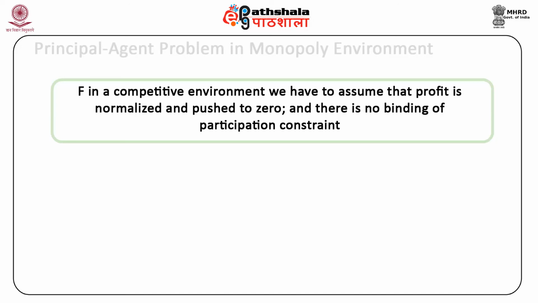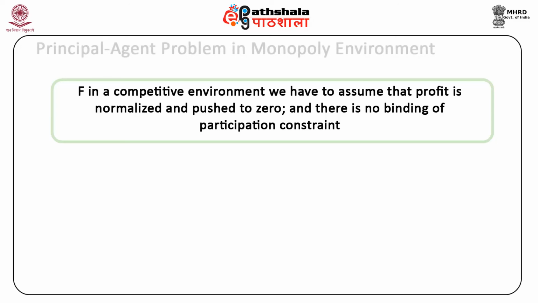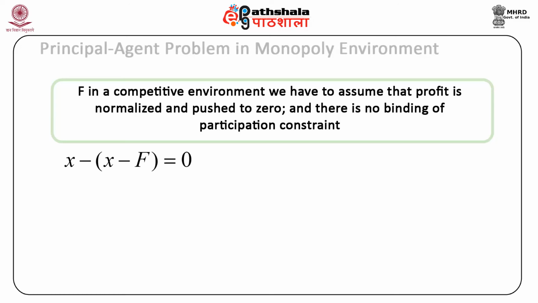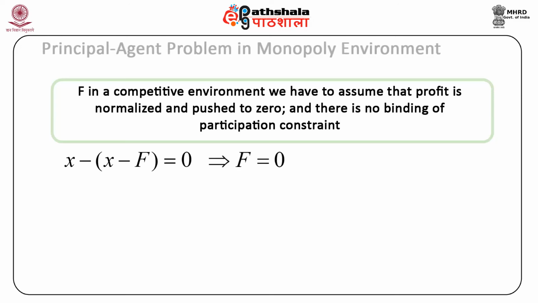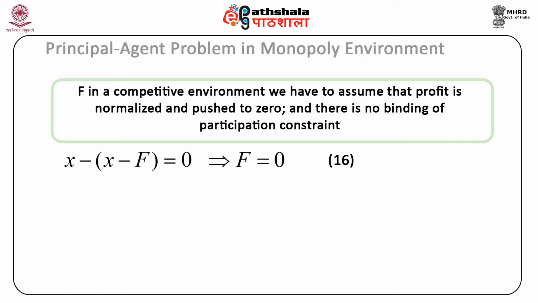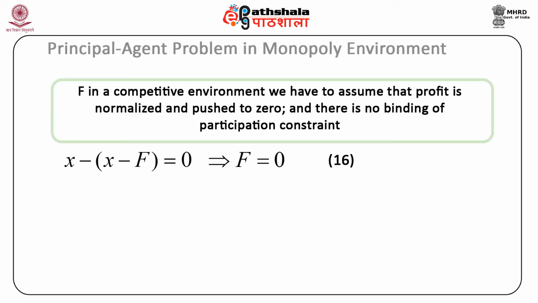Thus, capital F in this case is determined by the following condition: X minus (X minus capital F) is equal to 0, which represents that capital F is equal to 0. This is equation 16. In equation 16, the workers drive the monopoly rent to zero by exhausting their entire marginal products.